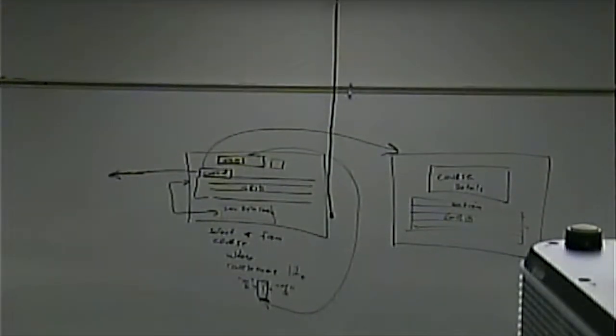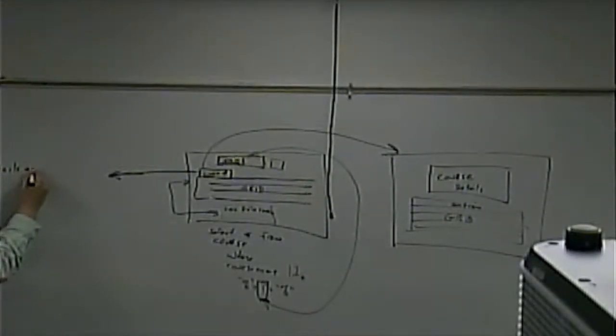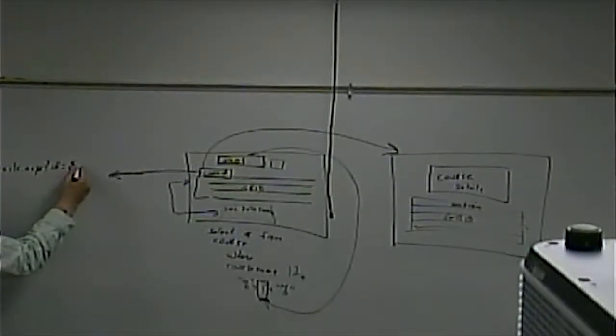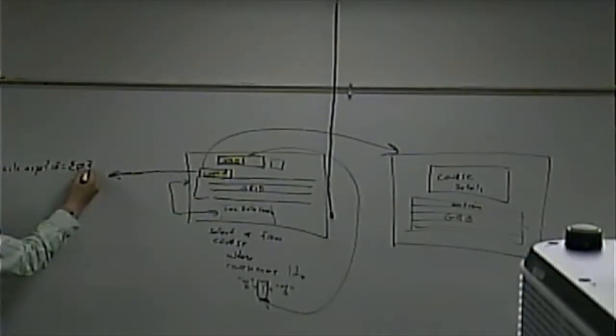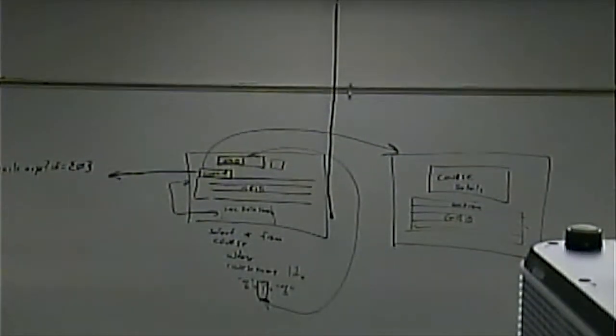So, our link is going to be part hard-coded and part filled in from the data source. So, our URL is going to look something like this. Details.aspx?ID= and then curly bracket 0.